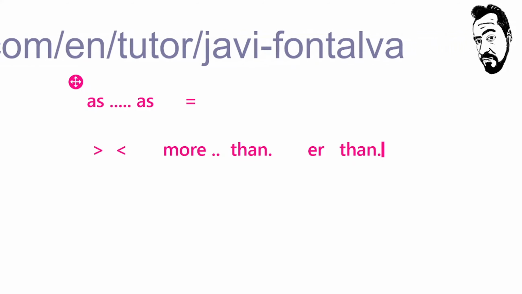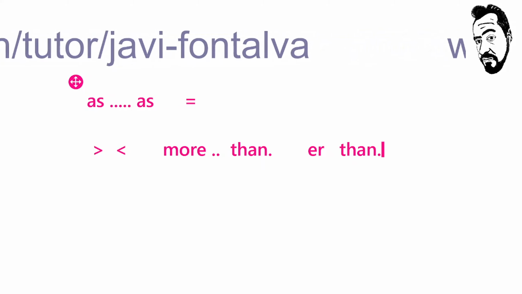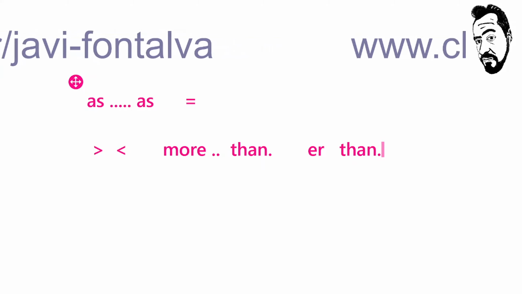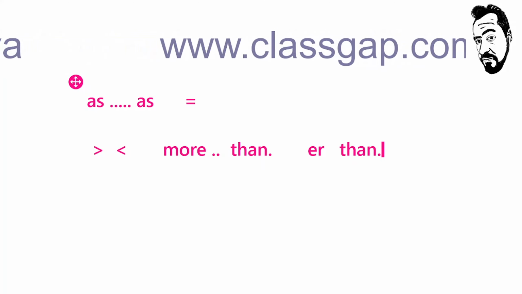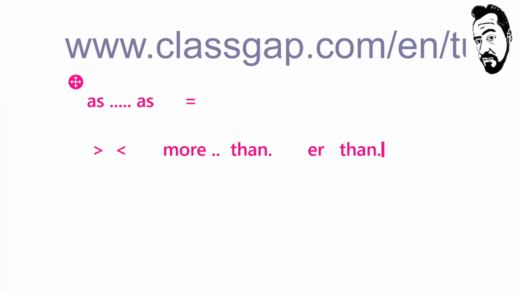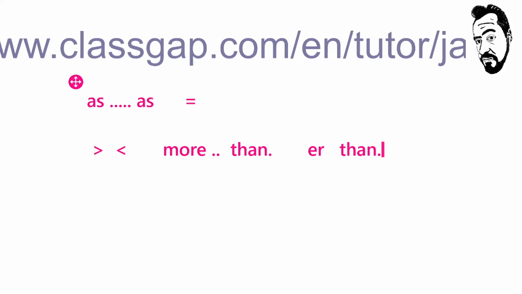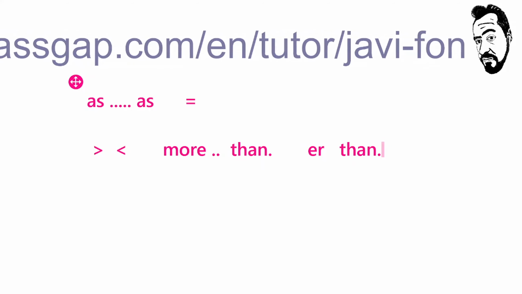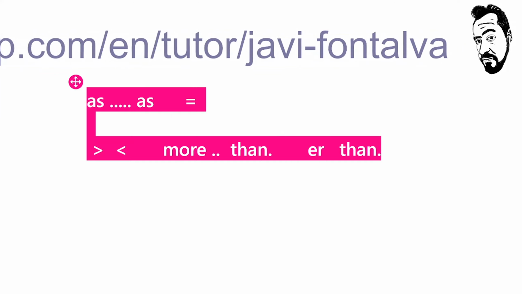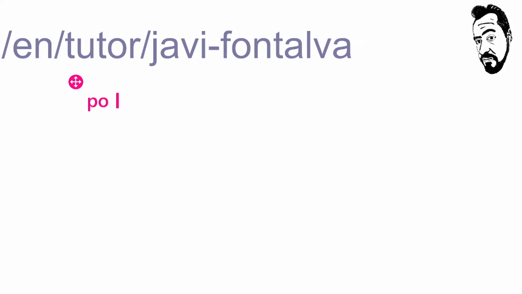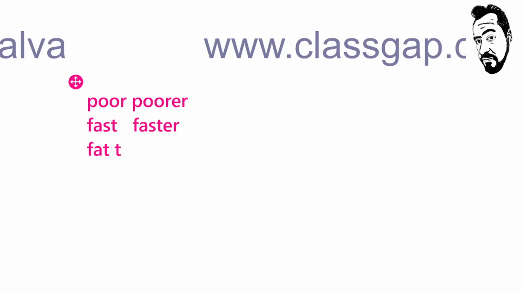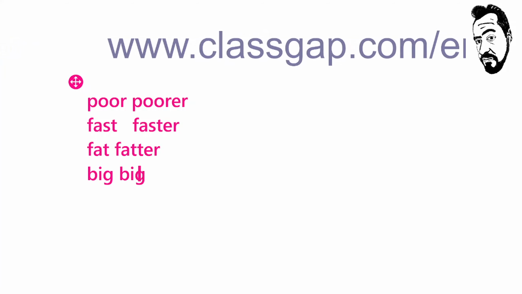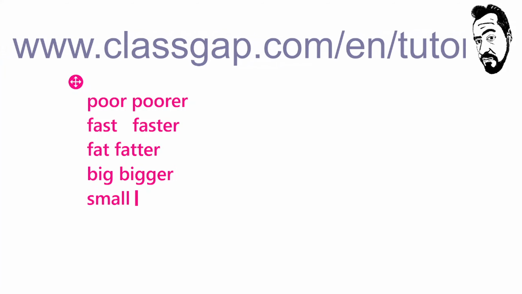We say easier, fatter, faster, slower, harder, richer, poorer. Yeah. So usually with short adjectives. So poor, poorer, fast, faster, fat, fatter, big, bigger, small, smaller.